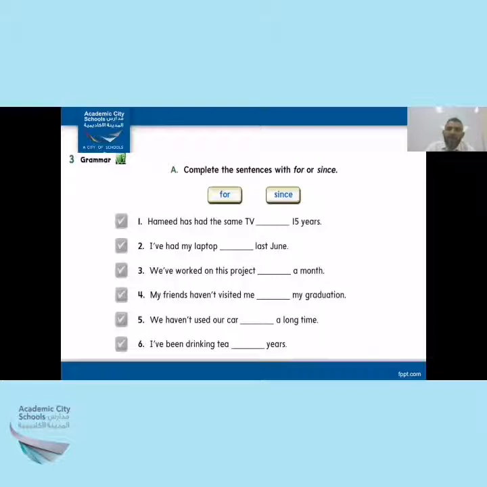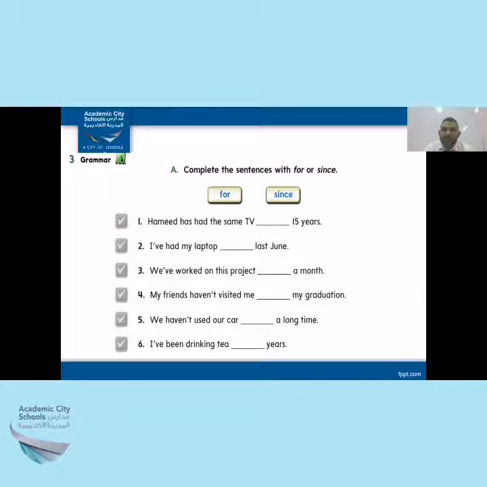Here we have exercise number 1. Complete the sentences with for or since. Number 1. Hamid has had the same TV, space, 15 years.